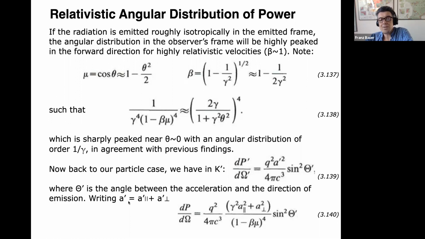We can write our acceleration in terms of parallel and perpendicular components, and we have something that then looks like this. So when we transform this thing and divide this into our different components, the total power per solid angle has a fairly strong dependence, and we haven't converted this yet. We've just converted the A prime to A. And so we have a very strong boost here from this, but divided by this Doppler factor 4.